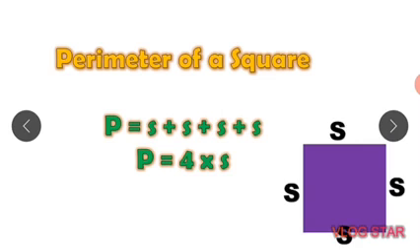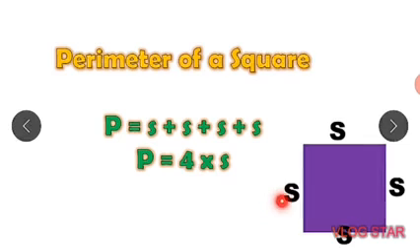So you can see that the perimeter of a square is s plus s plus s plus s, or you will just add all the lengths of each side.